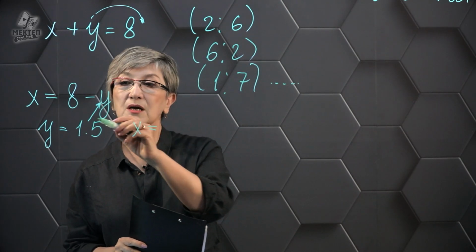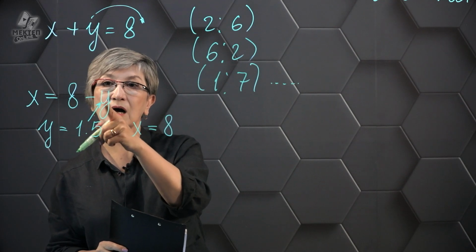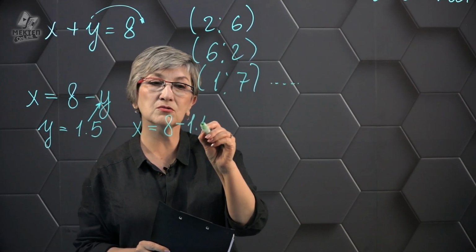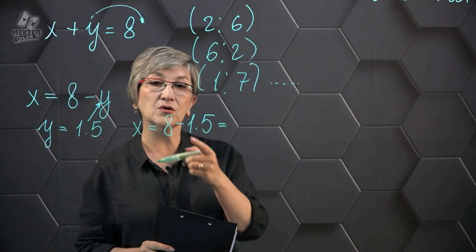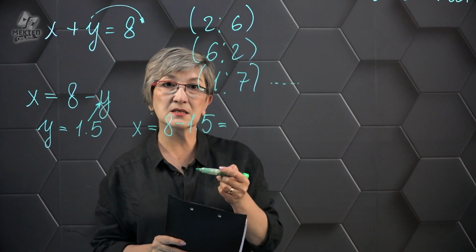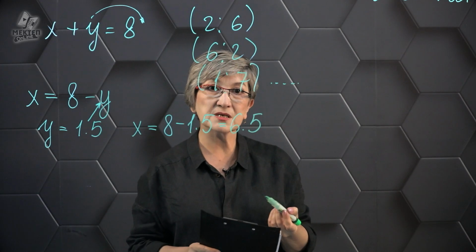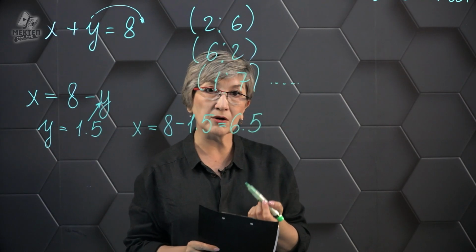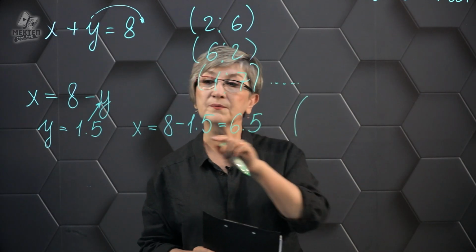Let's write down that value. X then equals 8 minus, and in place of y, I'll substitute 1.5. And then I have x equals 8 minus 1.5. That's 6.5. So I found another pair that is the solution to our equation. Let's write down this pair.